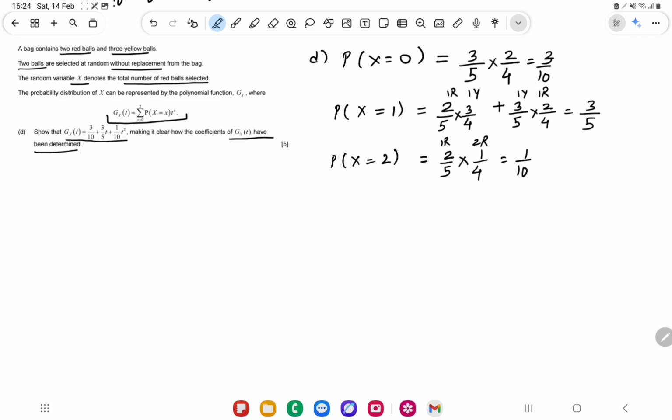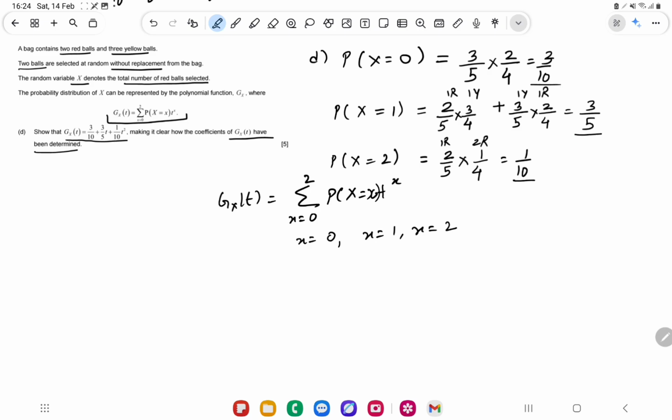Now we will be writing the G of t, which is the summation for x equal to 0 to 2 of P(x) into t to the power x. So I have to put x as 0. It means I have to calculate for x equal to 0, x equal to 1 and x equal to 2.